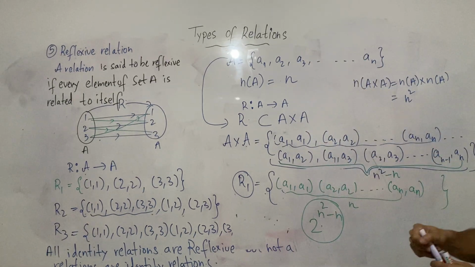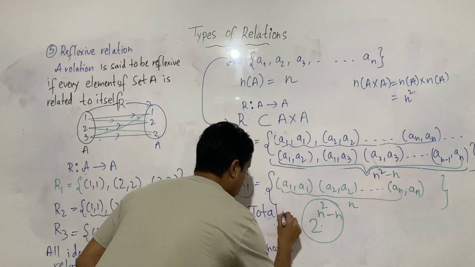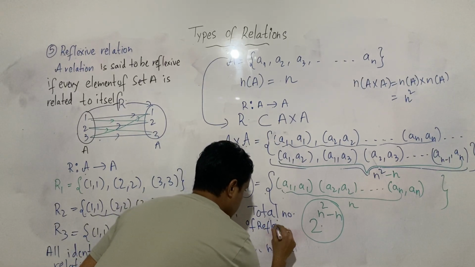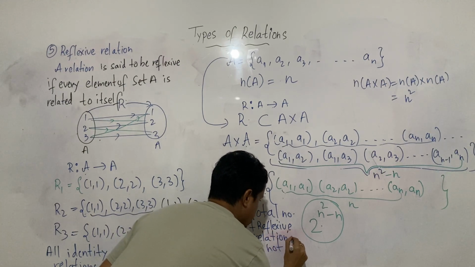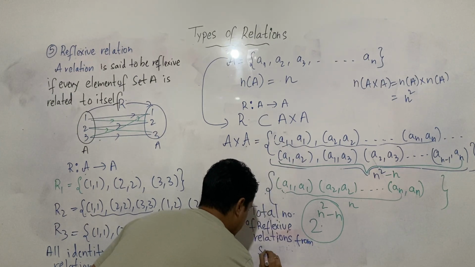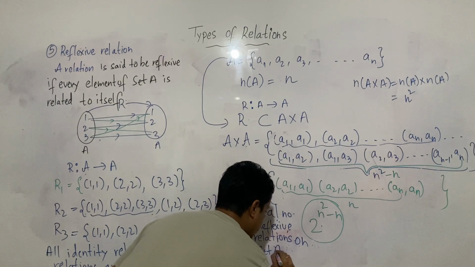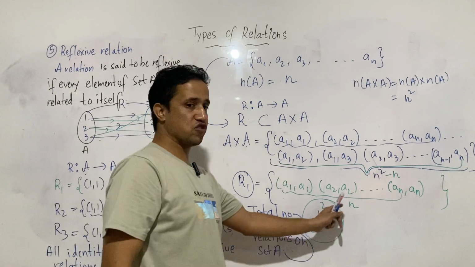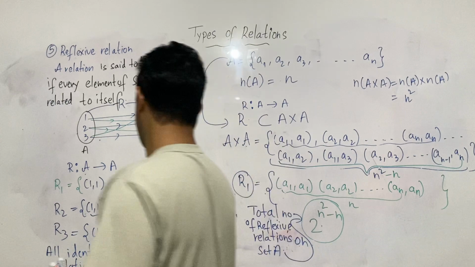So the total number of reflexive relations on set A is 2 raised to power n square minus n. You can apply this formula and check if it works out.